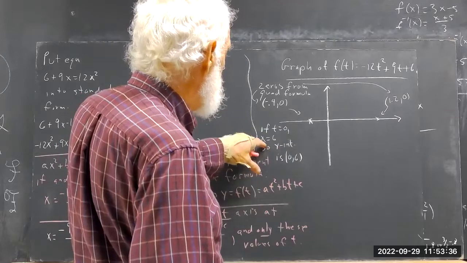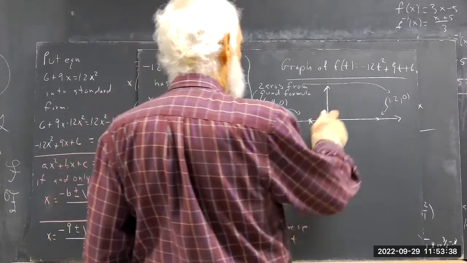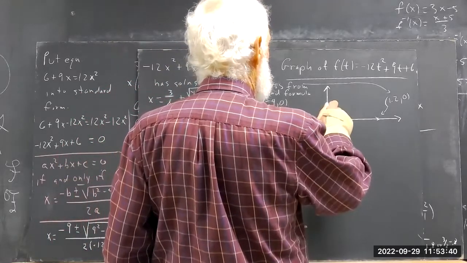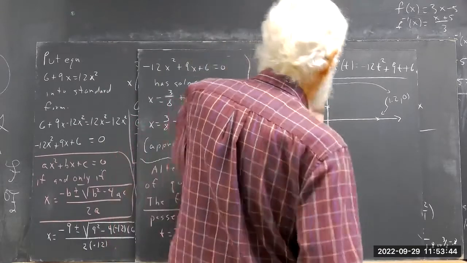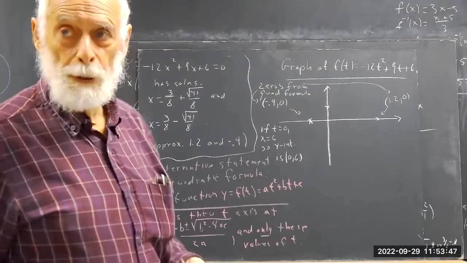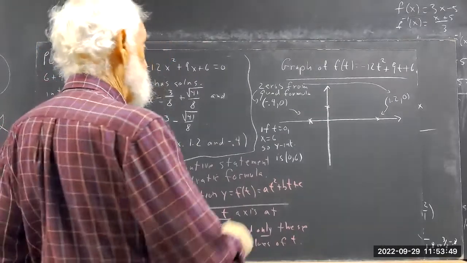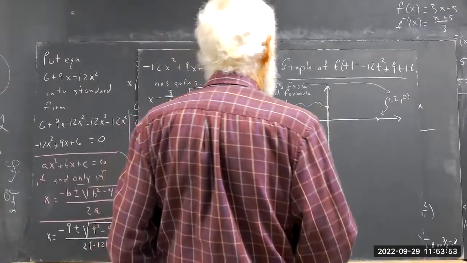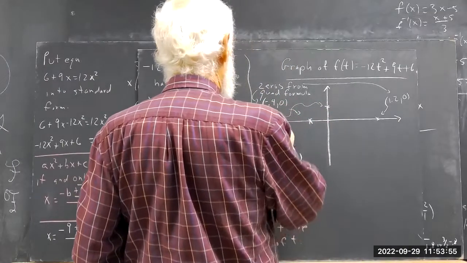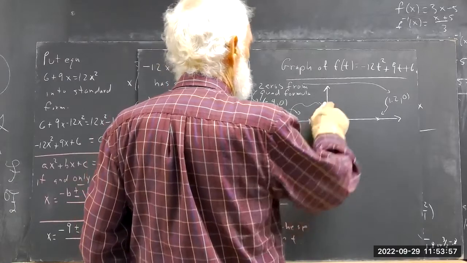So the y-intercept is 0, 6. I'm going to put that point about here. I don't want to put it too high, for reasons that become apparent in a minute. So that's the point 0, 6.